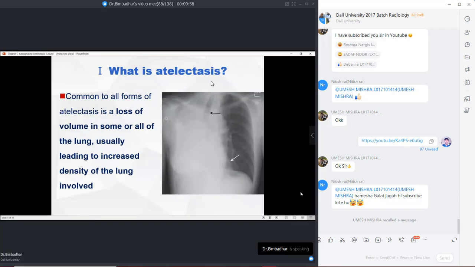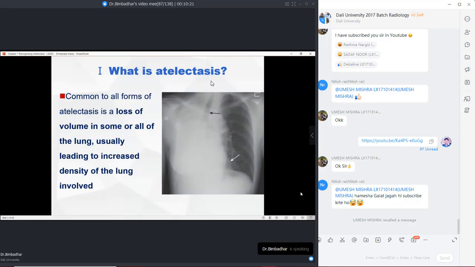So atelectasis is one of the main reasons for an opacified hemithorax appearance. Opacified hemithorax can happen with any kind of loss of volume due to atelectasis, in some parts of the lungs or in the whole lung.